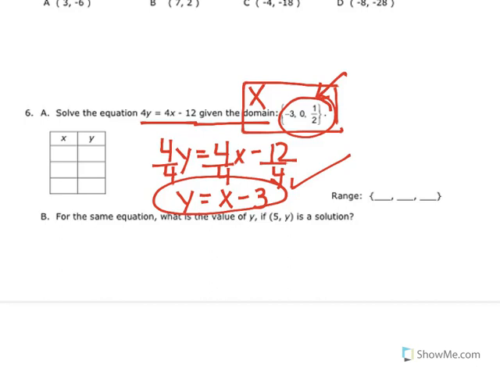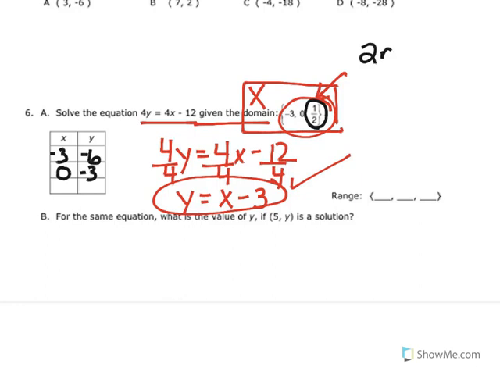So when I look at my table, when x is -3, I see y is -6. And when x is 0, y is -3. Now, it's a little bit hard to find 1/2 on your calculator, and there's some ways that you can change it.